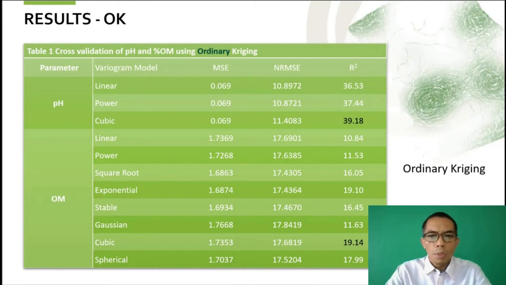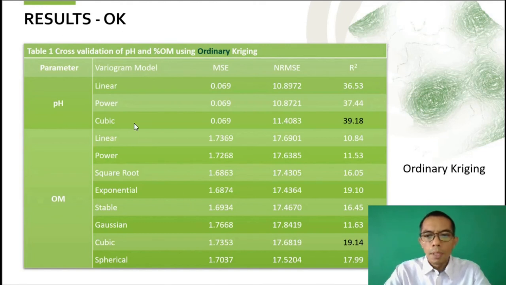As shown in this table are the results using ordinary kriging. The variograms of soil properties were fitted with linear, power, square root, exponential, stable, Gaussian, cubic, and spherical variogram models using the SAGA GIS variogram module. In this study, it was observed that only pH and organic matter have spatial dependency, while phosphorus and potassium revealed no spatial dependency.